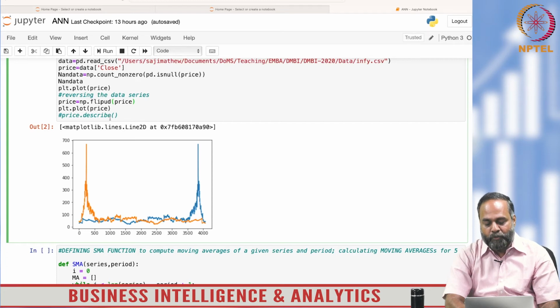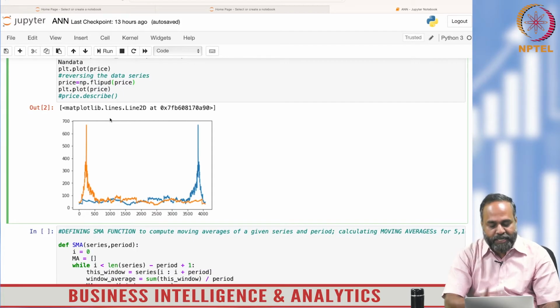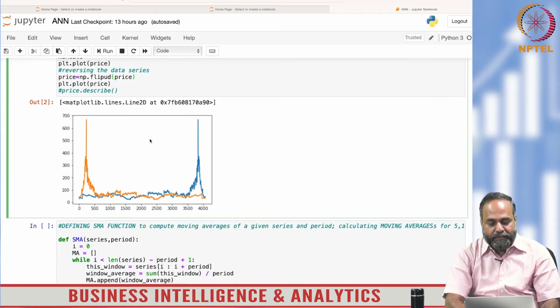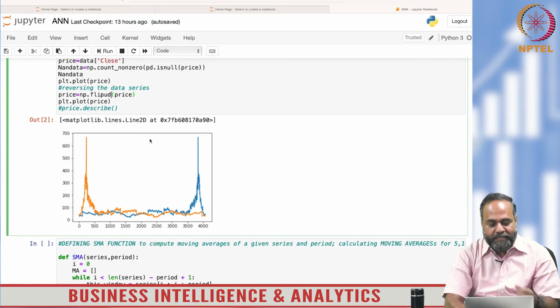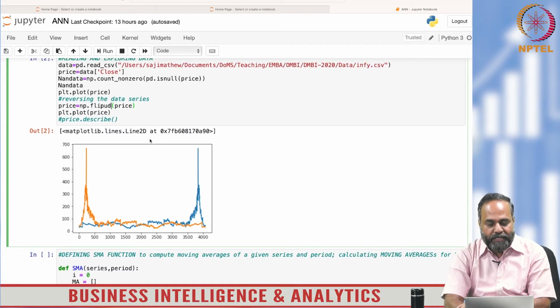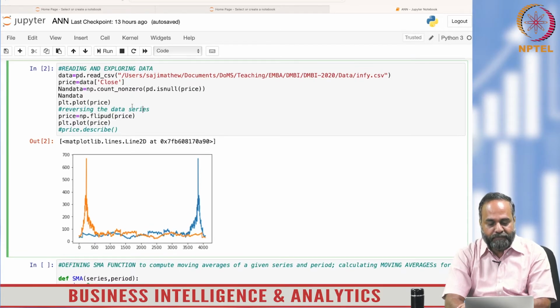and then I am plotting it. So I am going to plot the data series before reversing and after reversing, and you can see that the data series is reversed, and you can also see that there is a major change at the end of the data, and we need to ensure that this particular pattern is captured in the training data.